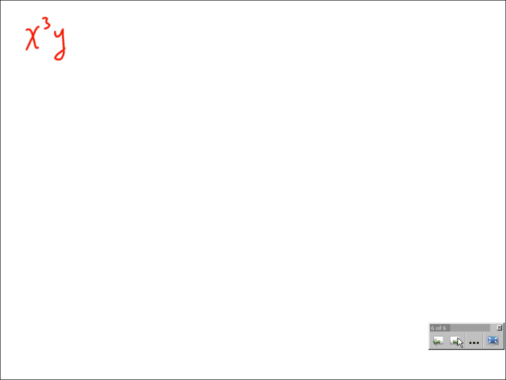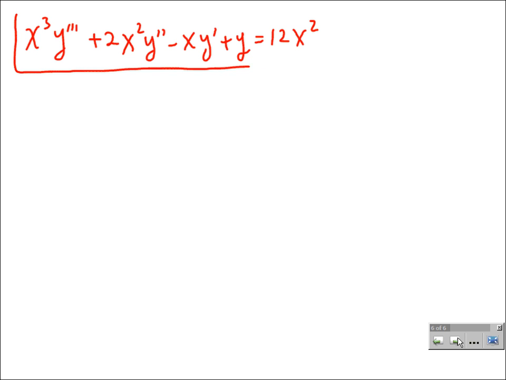We have x cubed y triple prime plus 2x squared y double prime minus x y prime plus y, and this is supposed to equal 12x squared. And I want to solve this.